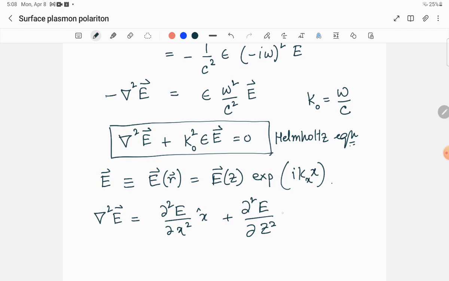So the derivative with respect to y goes to 0 and we are left with only the x and z components.